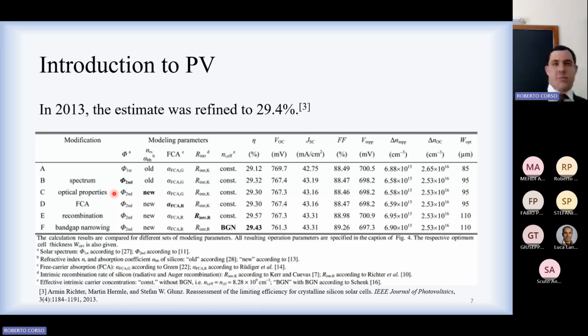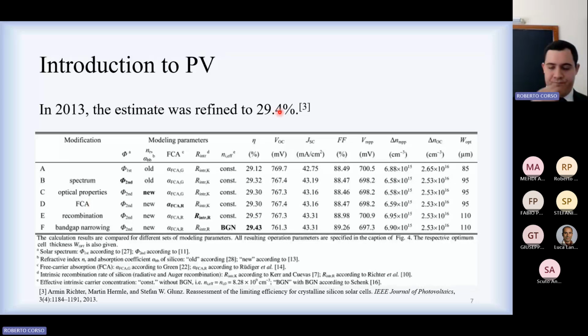Other phenomena such as free carrier absorption, where a photon is absorbed by an excited carrier and the energy is again lost via thermalization. And with all these refinements, the final estimate, which is accepted by most of the scientific community today, is 29.4% for silicon.